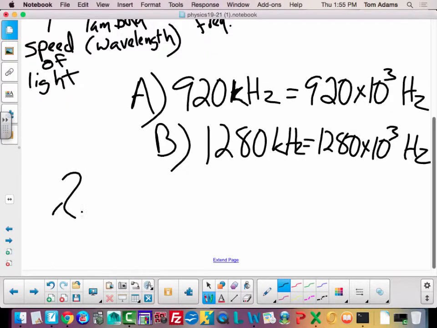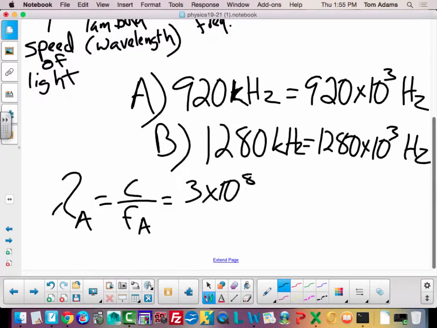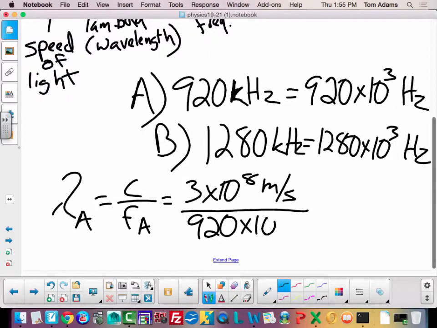So now let's do this. The wavelength of A is equal to C over the frequency of A, 3 times 10 to the 8th meters per second, all over the frequency, which is 920 times 10 to the third hertz.